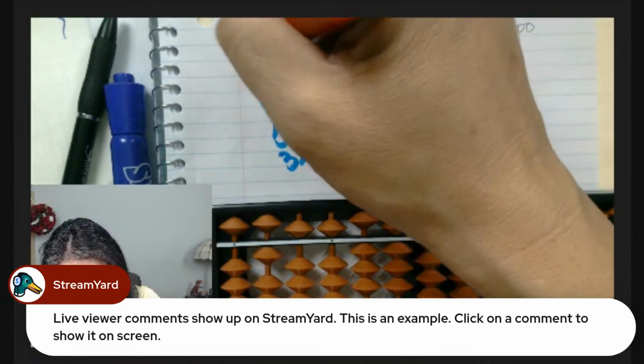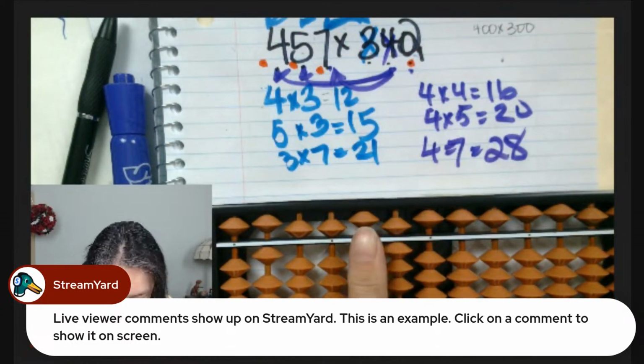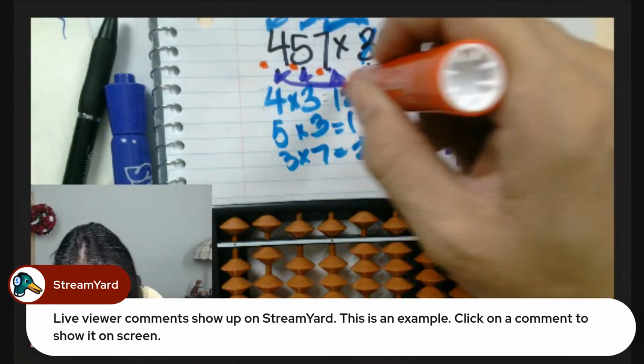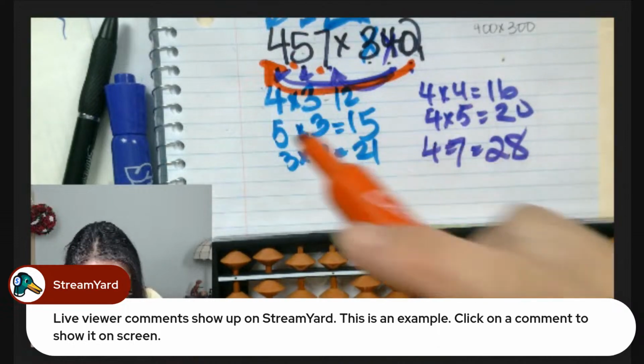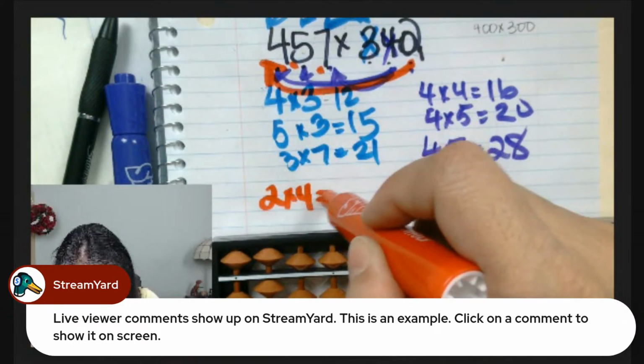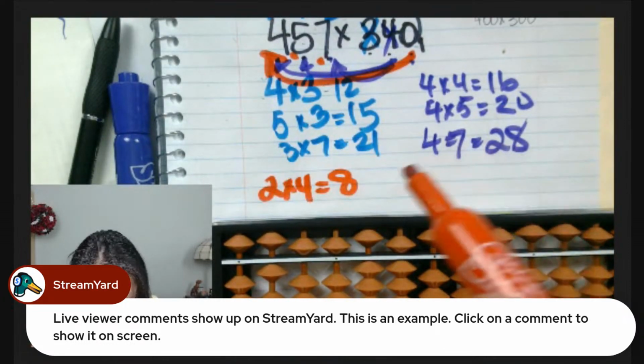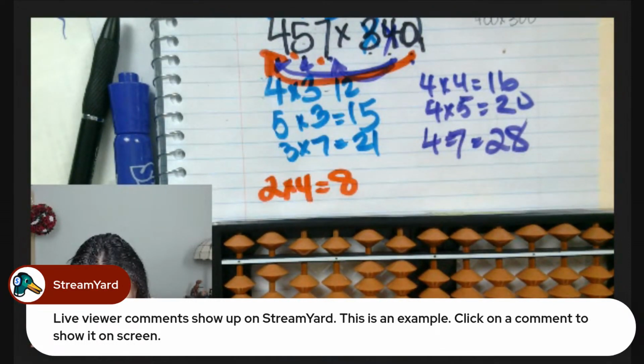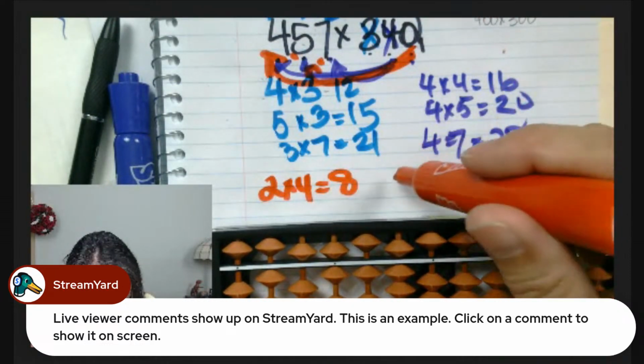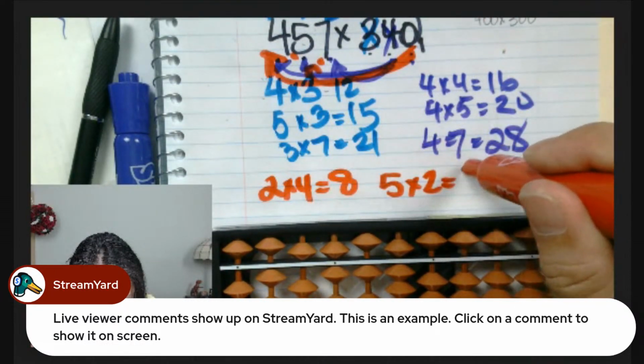1, 2, 3, 4. 1, 2, 3, 4. 2 times 4 is 8. 8 is a single digit, so I go back one column, I add the 8. Plus the 10 minus the 2. 2 times 5 is 10.